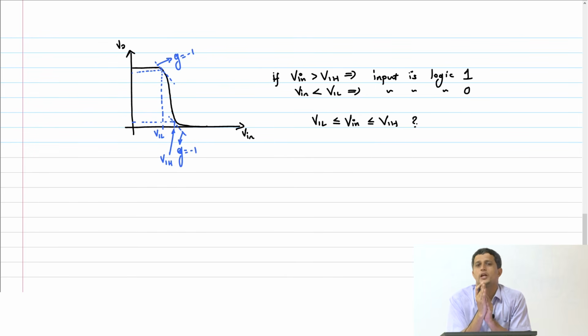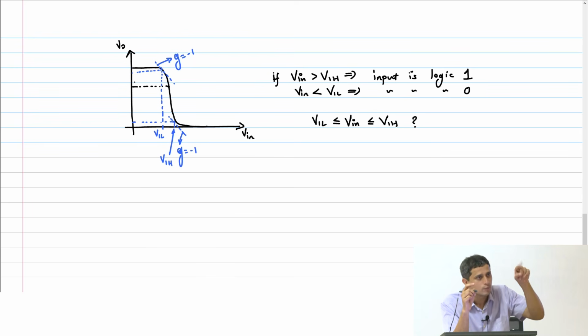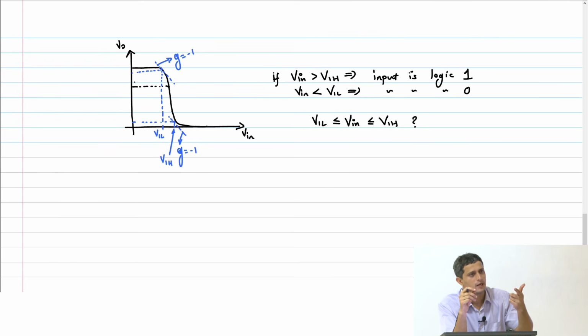So if the input lands up in this region, it doesn't mean that the output will be stuck. For example, if the input is here, doesn't mean that the output will be stuck here, because at all times in your chip there is noise. There is some noise which is perturbing all the wires, some small noise that will get amplified, and eventually depending on the polarity of the noise, the logic will switch to 0 or 1.